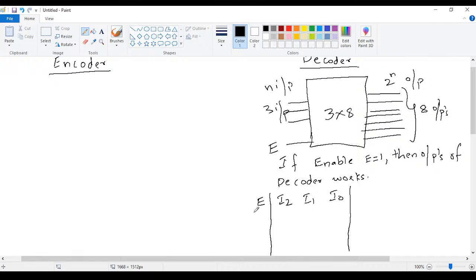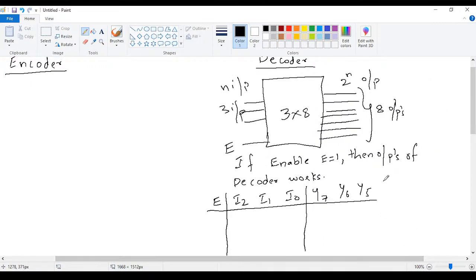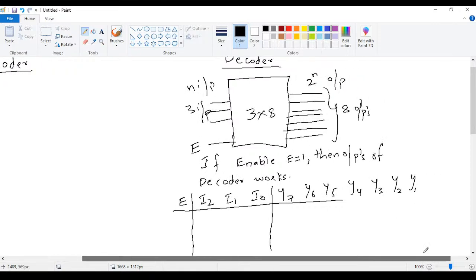And we have 8 outputs: Y7, Y6, Y5, Y4, Y3, Y2, Y1 and Y0.